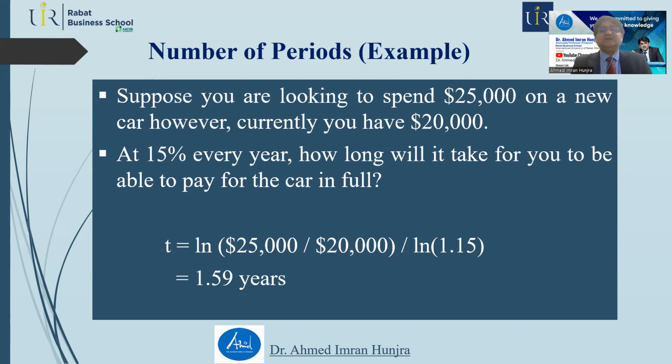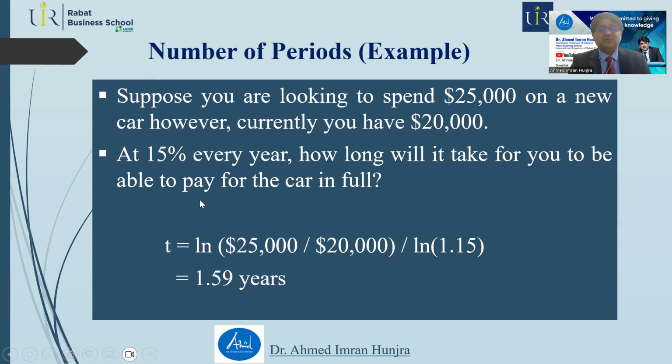So for example, if you have 20,000 today, how much time will it take to grow to 25,000 if the rate of return is 15%? In this case, we have the 15% rate of return, and our target amount is 25,000, and the given value, what we have today, the present value, is 20,000, and we need to find the number of time periods.